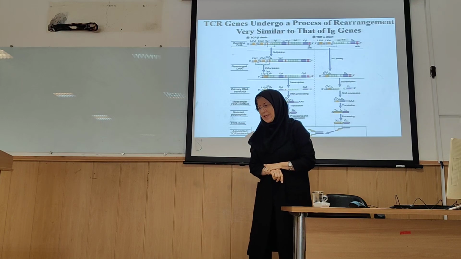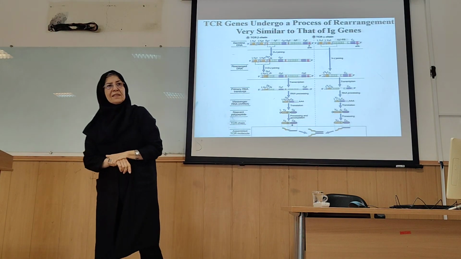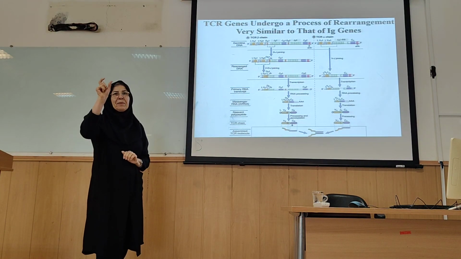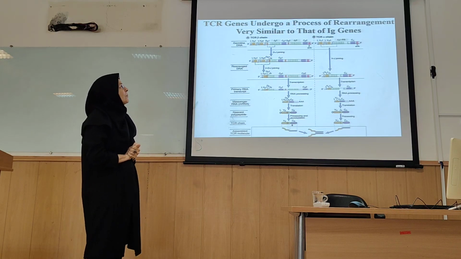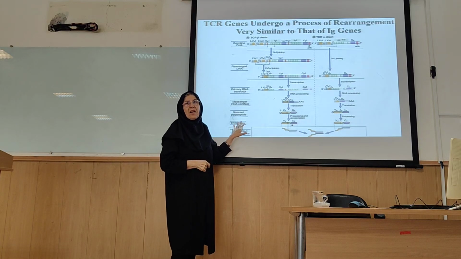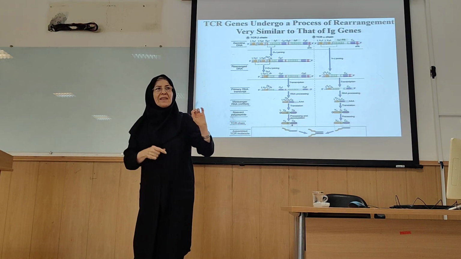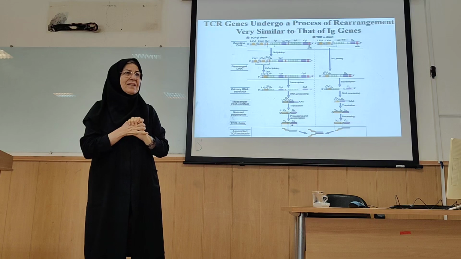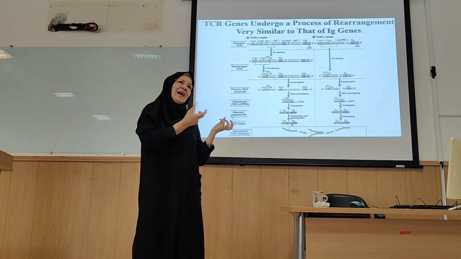And also there is rearrangement in the variable gene in the TCRs, similar to BCRs. Can you remember the rearrangement of the variable region of the heavy chain and light chain?